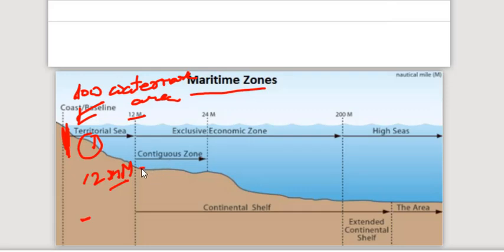Next is the contiguous zone. The contiguous zone is 12 nautical miles to 24 nautical miles.